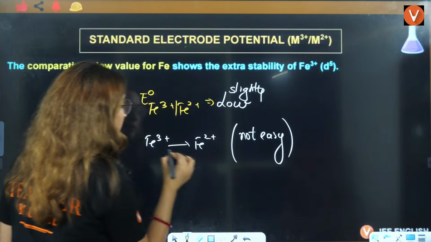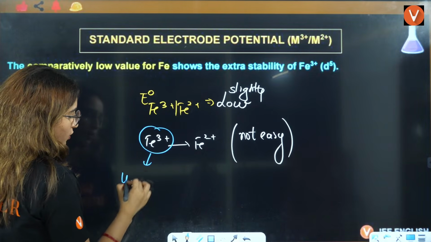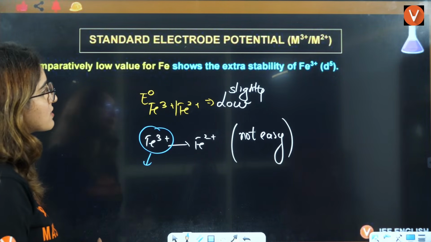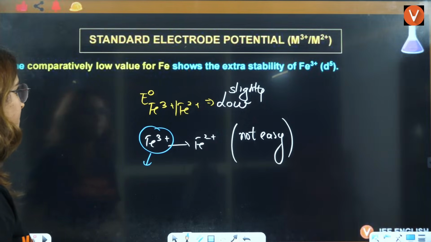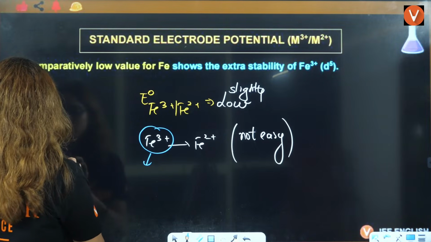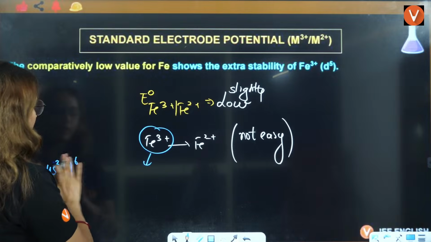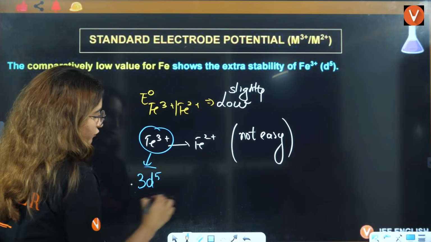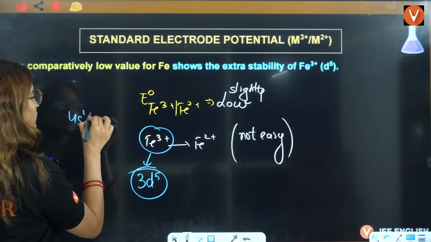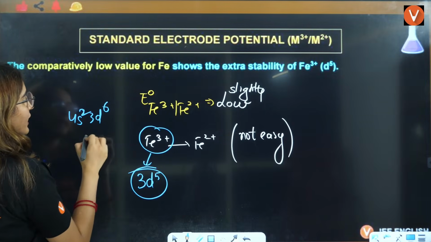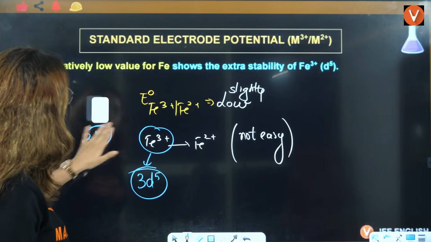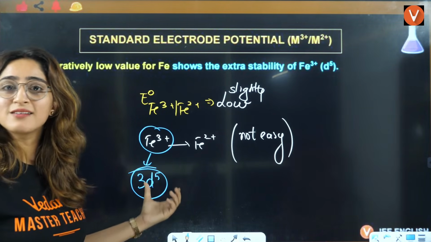It's tough. Why? Because iron exists as 4s2 3d6, since its atomic number is 26. If you take out 3 electrons, it will become 3d5, which is a stable configuration.